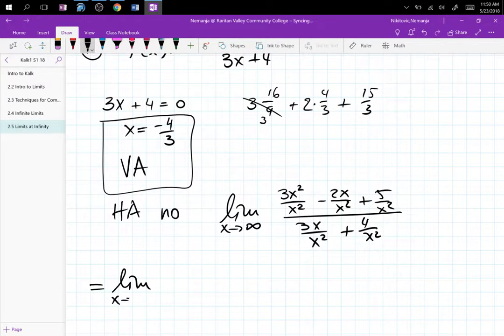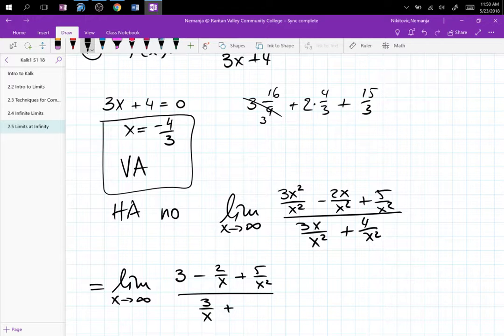Which gives us the limit as x goes to infinity, when we cancel, of 3 minus 2 over x plus 5 over x squared, divided by 3 over x plus 4 over x squared.